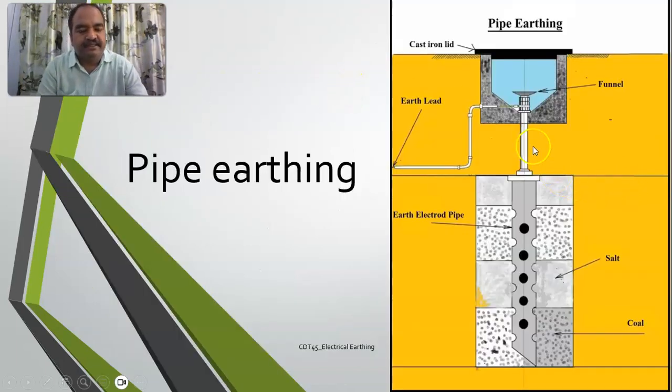Now see here, this is your pipe electrode, where it is being filled with coal, sand and water, etc. And here on the top you will be having your earth leads.